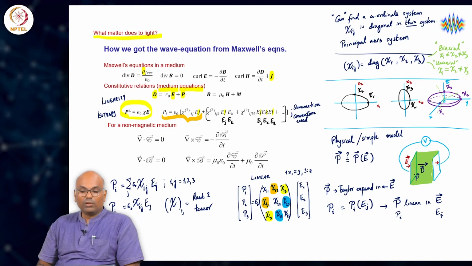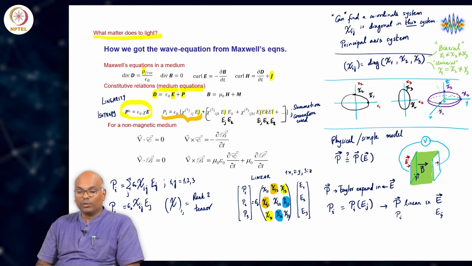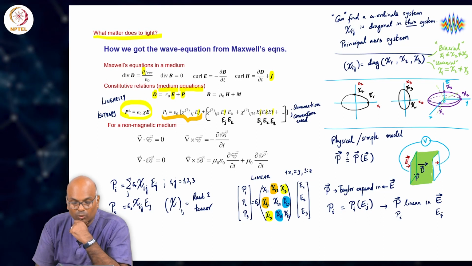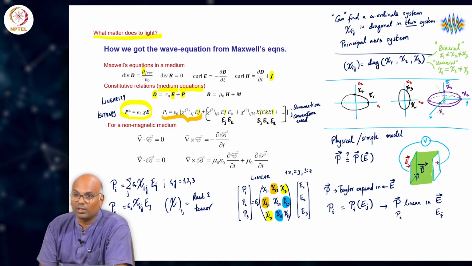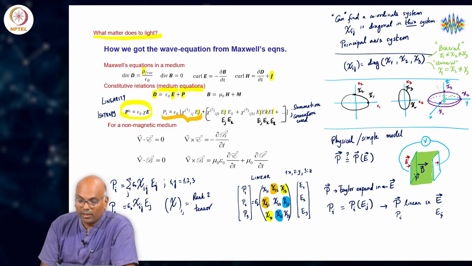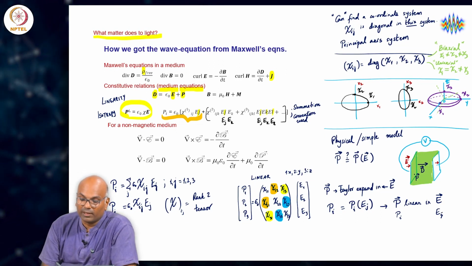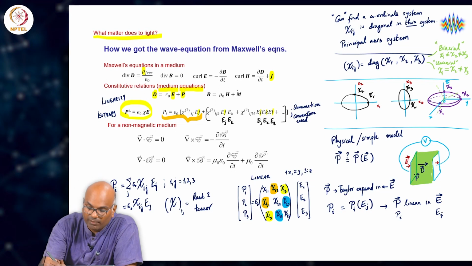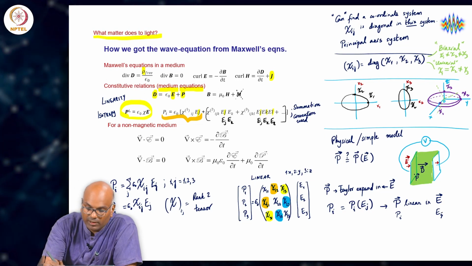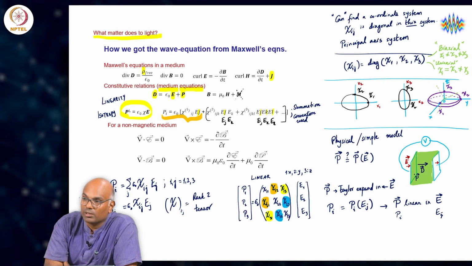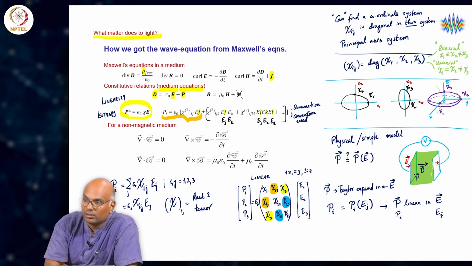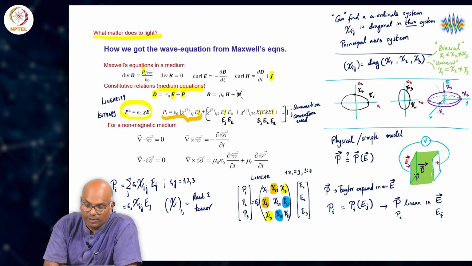But this is a good place to be, because now if I consider a medium without free sources of charge or current, as well as a medium which is not magnetic, M can be set to 0. So, B is just mu naught H, mu naught being a fundamental constant, the permeability of free space.